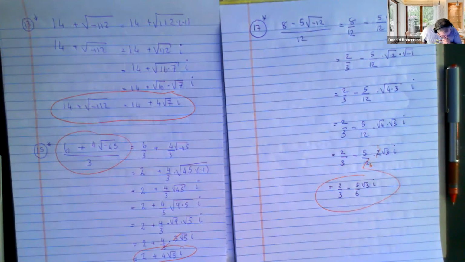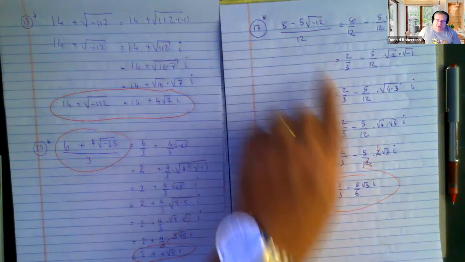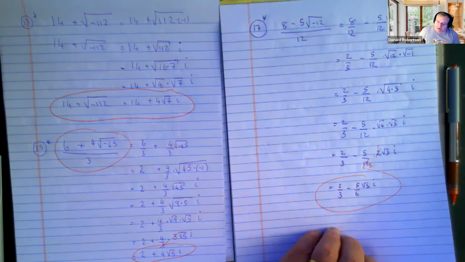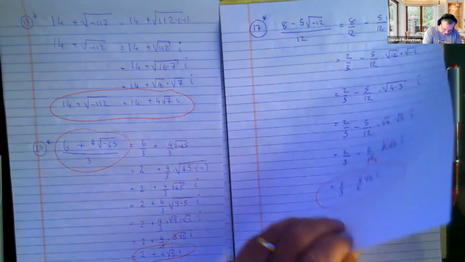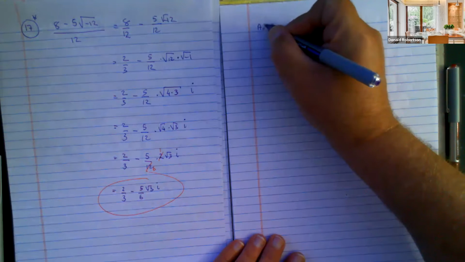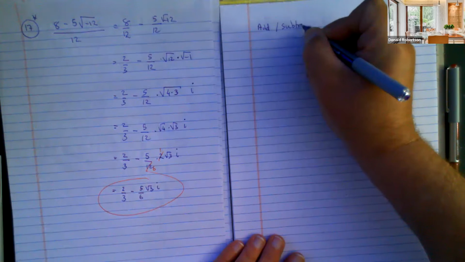So if I gave you a square root that looked something like 13 or maybe even something like 17, I hope you've got a good idea of how you would approach solving the problem and essentially simplifying it. So now we're going to look at how you add and subtract complex numbers.